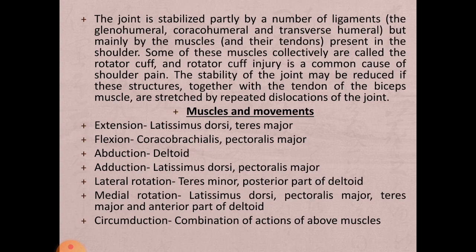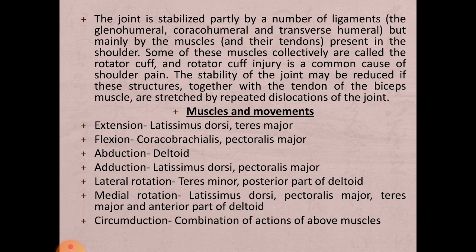We studied that the muscle tendons are basically more involved in the stabilization of the shoulder joint, and those muscles are the long head of the biceps brachii muscle that was traveling within the intertubercular or bicipital groove, and it extends to the joint cavity through the transverse humeral ligament.